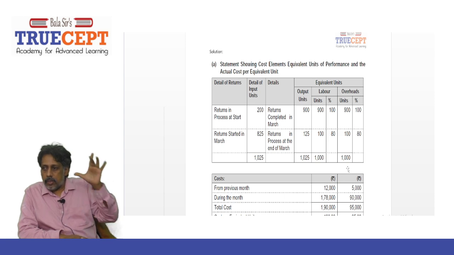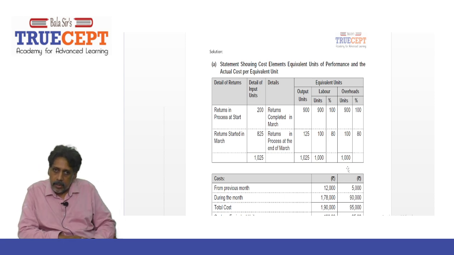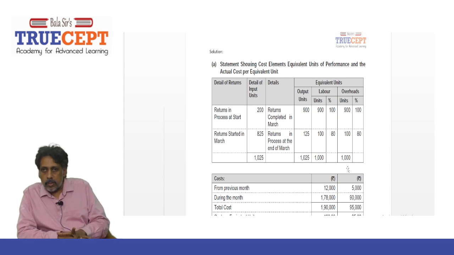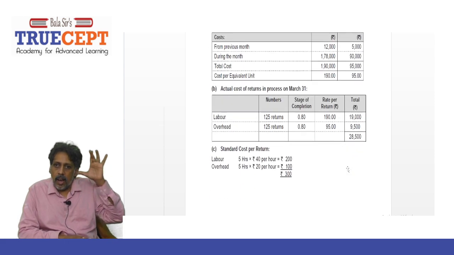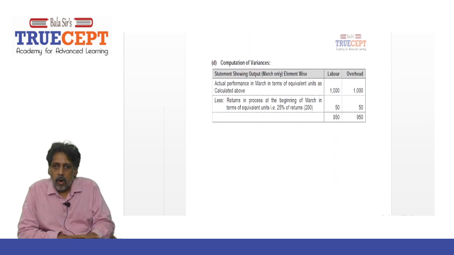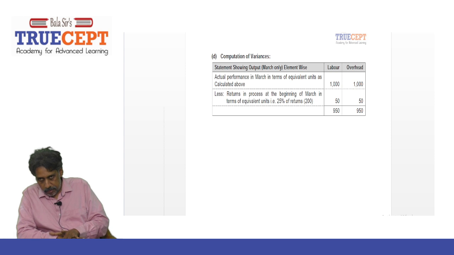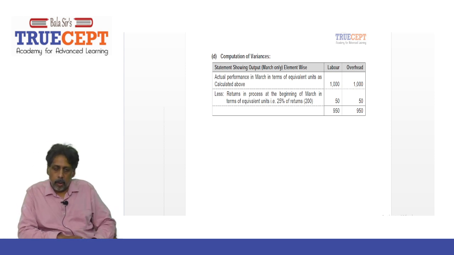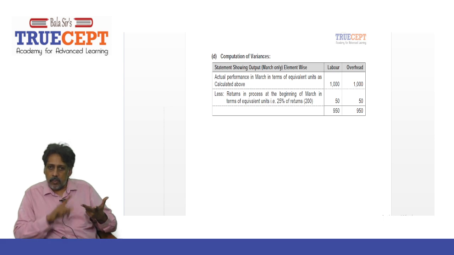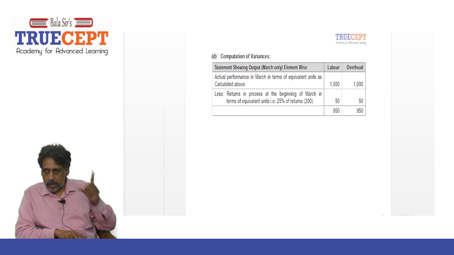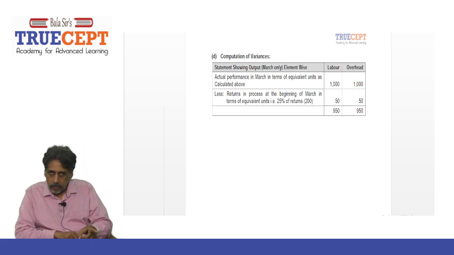The 4,000 hours would have been spent only on how many units? 950 units and not on 1,000 units. You get it? Therefore, please remember these 1,000 units include 200 from opening balance.